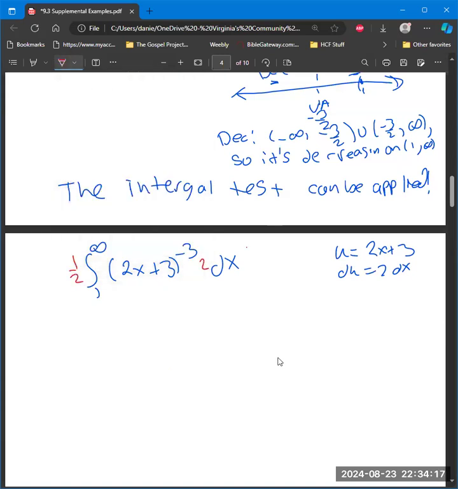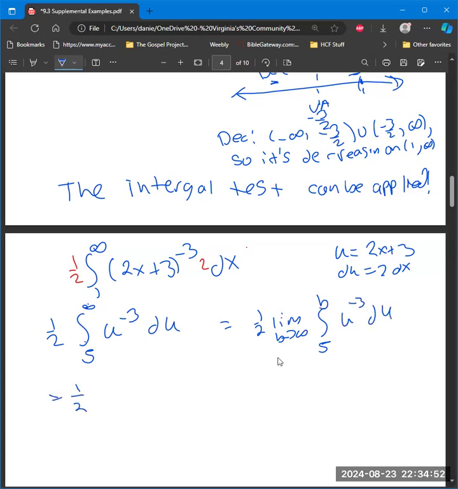So this becomes 1/2. u is going to be 5 there to infinity of u to the negative third du, which is 1/2 times the limit as b goes to infinity of the integral from 5 to b of u to the negative third du, which is 1/2 of u to the negative second over negative 2, evaluated from 5 to b.